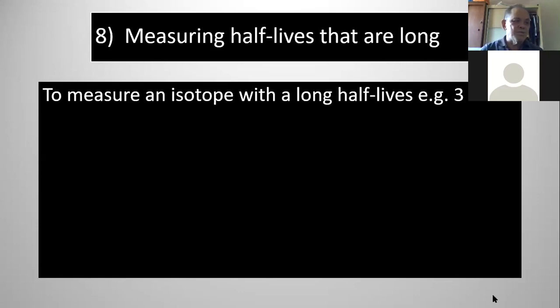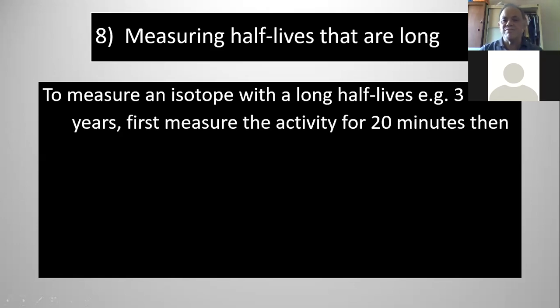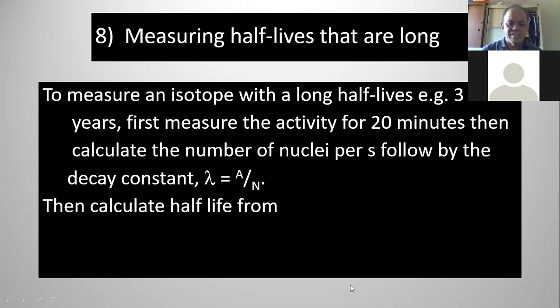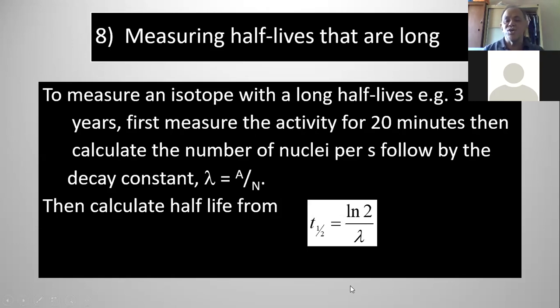Measure an isotope with a long half-life, example 3 years. Let's measure the activity for 20 minutes and then calculate the number of nuclei per second. After that, we can use activity divided by number present, then we get our decay constant. Then we can calculate our half-life using the formula. This one is for those radioactive isotopes that have a long half-life. For short half-life, we used to use a graph.